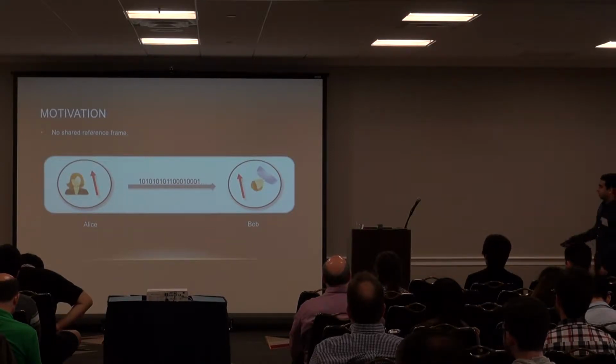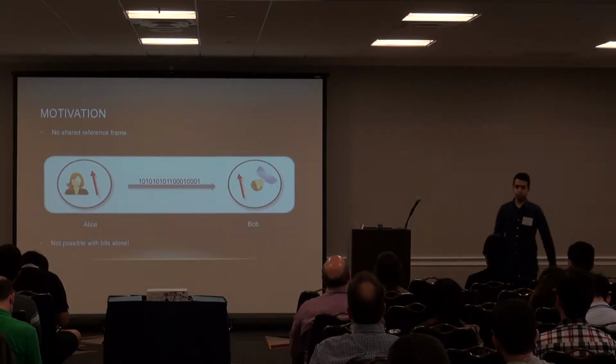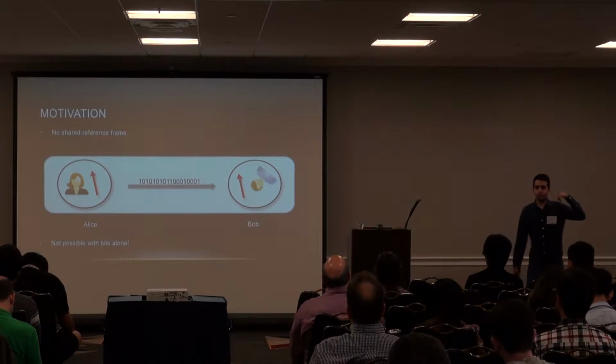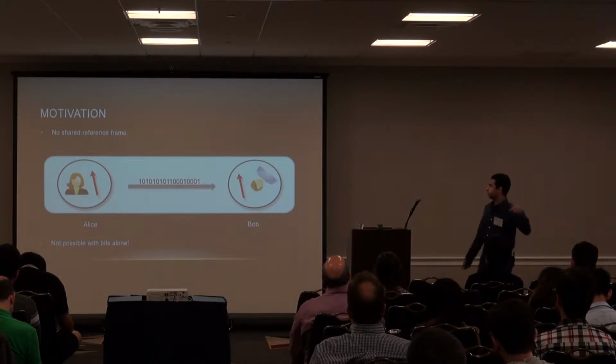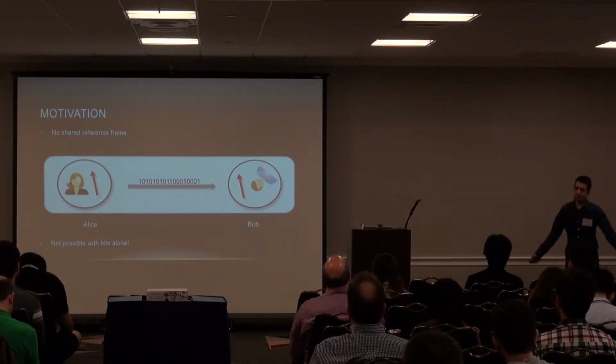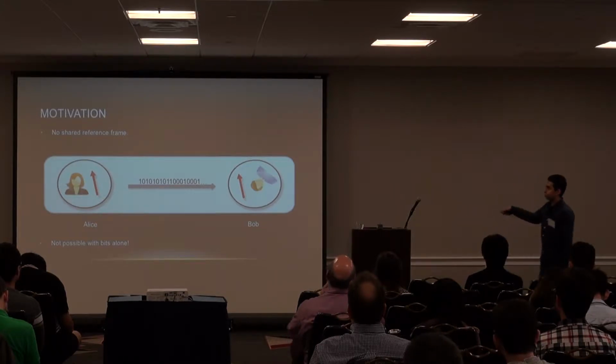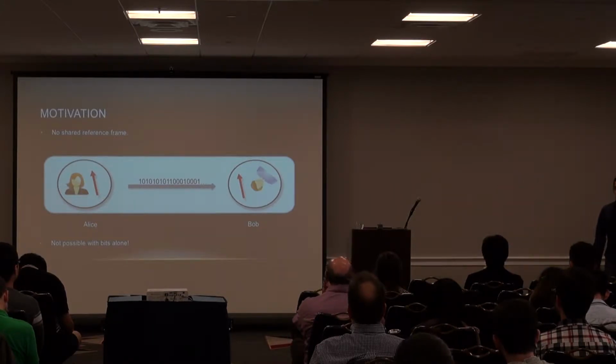Now, as you can see, this task is not possible with just sending a bunch of zeros and ones. Alice cannot call Bob, tell him a series of bits, and suddenly Bob can create a stick pointing in the exact same direction. So you cannot send this information about the direction to Bob with just a series of bits.